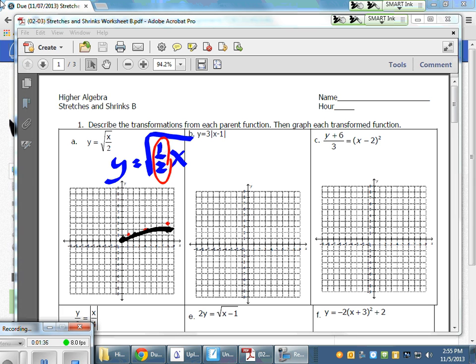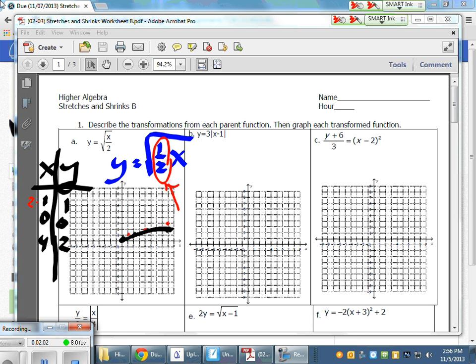Now if you want to do that with an XY chart, you make an XY chart like this, and you take the original parent points, which were 1, 1, 0, 0, let's see, 4, 2, and I would apply this 1/2 right here to all of the x numbers. But remember, it's counterintuitive, so you don't do the half, you do it times 2.